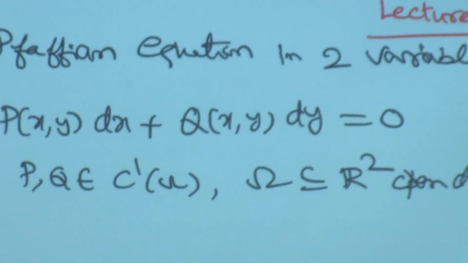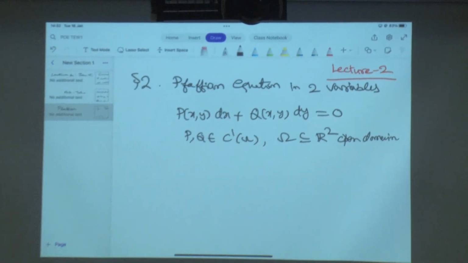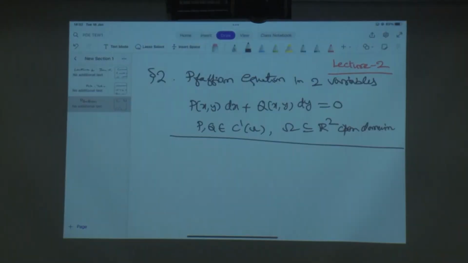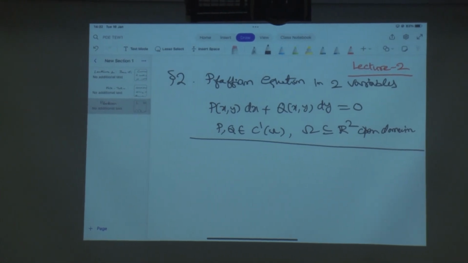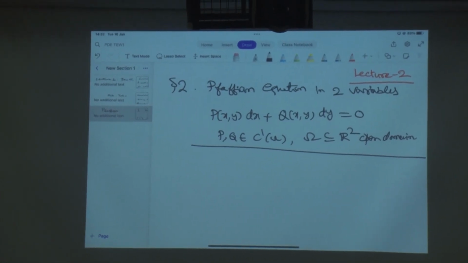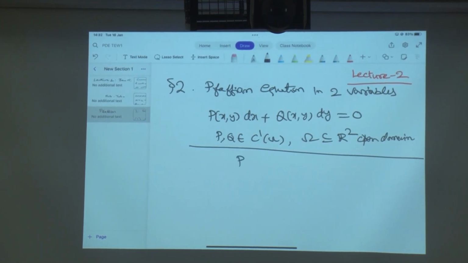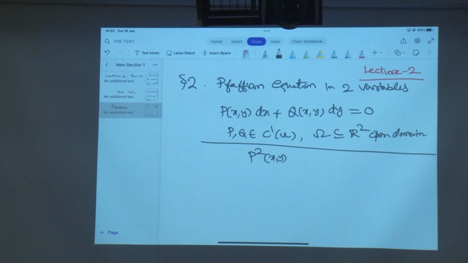It's an open domain. The only way we are using C1 is when we are applying Picard's theorem. Of course, we assume that either P or Q must be non-zero at every point, which we write like this: P squared plus Q squared not equal to 0.